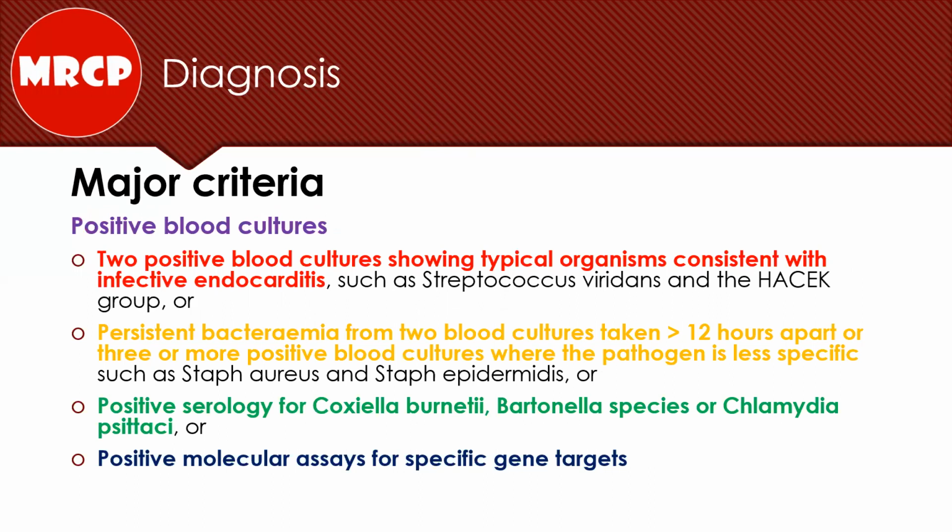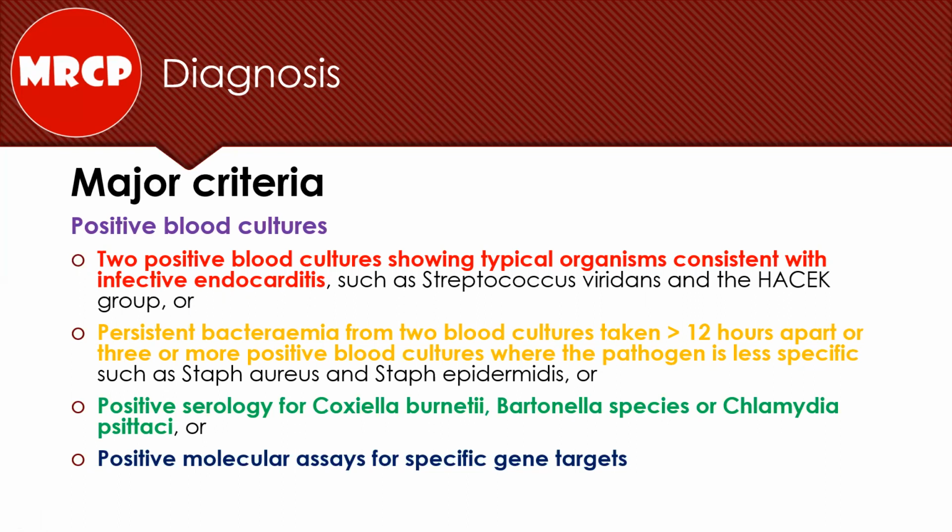So what about the major criteria? For the major criteria, you should have positive blood cultures or a positive molecular assay for specific gene targets. Positive blood cultures, this is very important here, include two positive blood cultures showing the typical organisms consistent with infective endocarditis, such as streptococcus or staphylococcus or the other organisms that we have discussed.